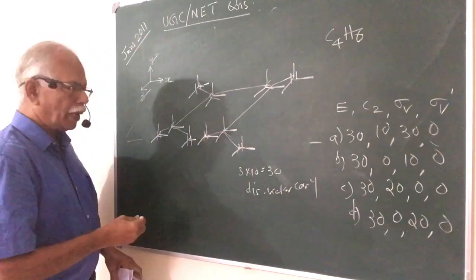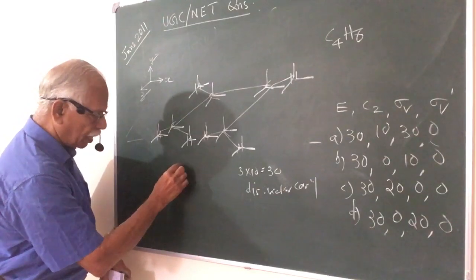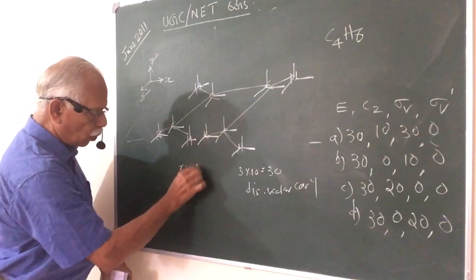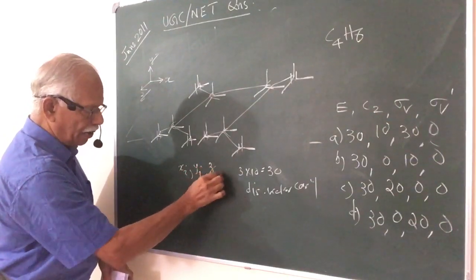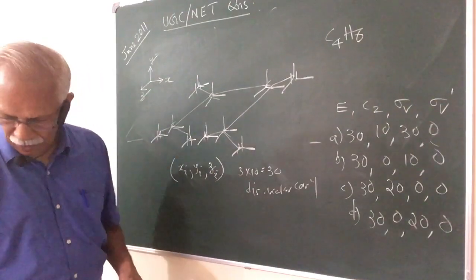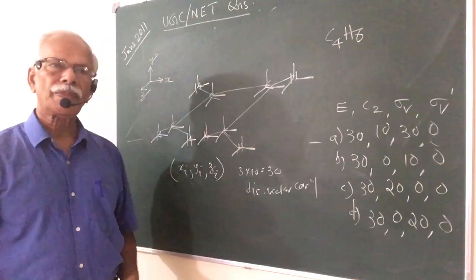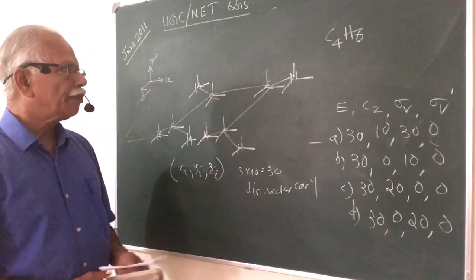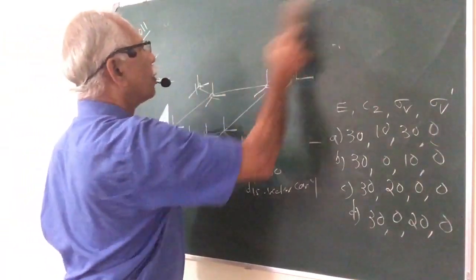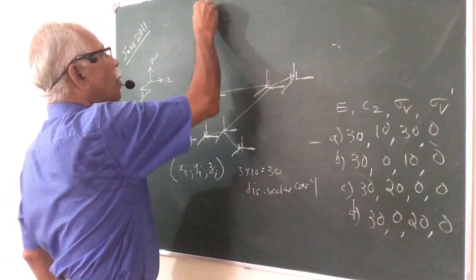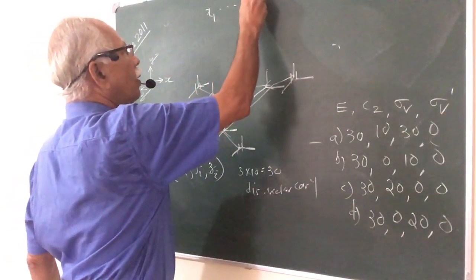The 3 displacement vector components may be generally written as xi, yi, zi, where i is the number of the atom. So x1 up to finally z10.